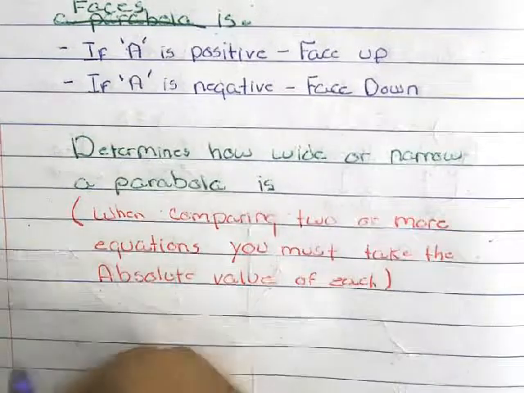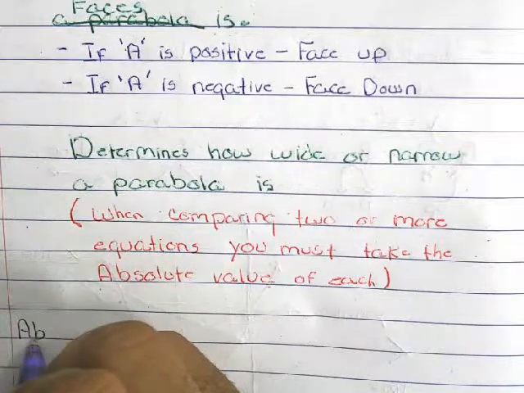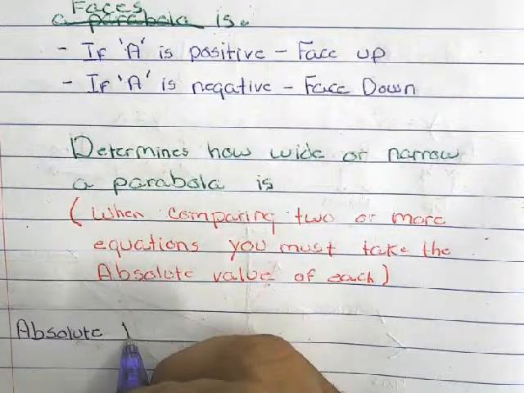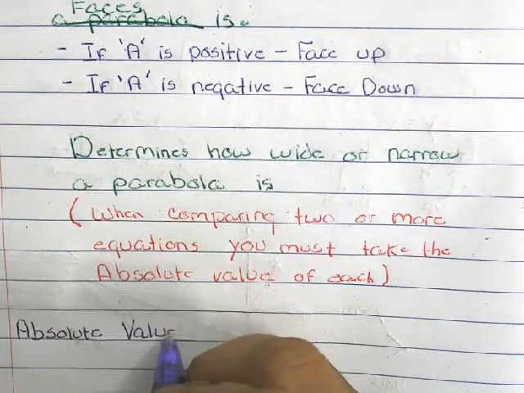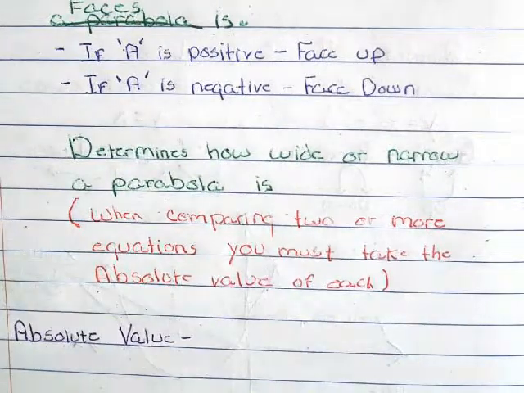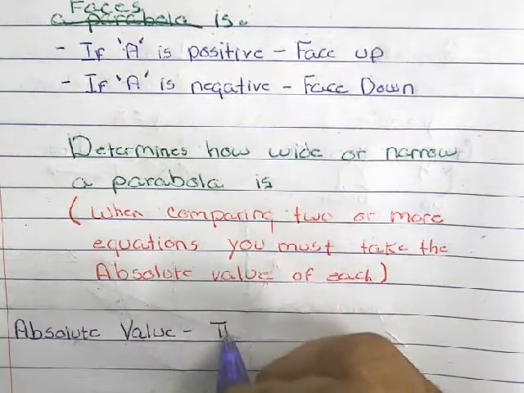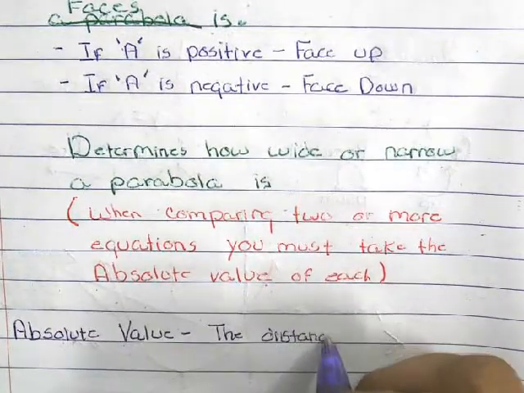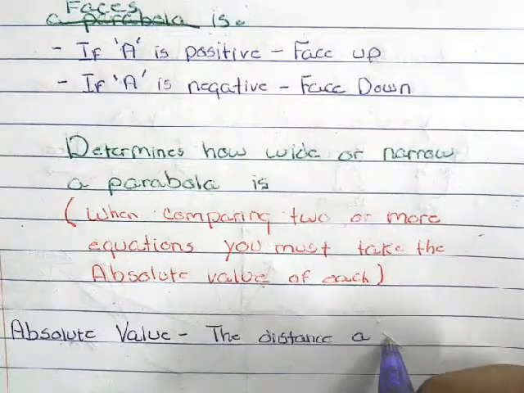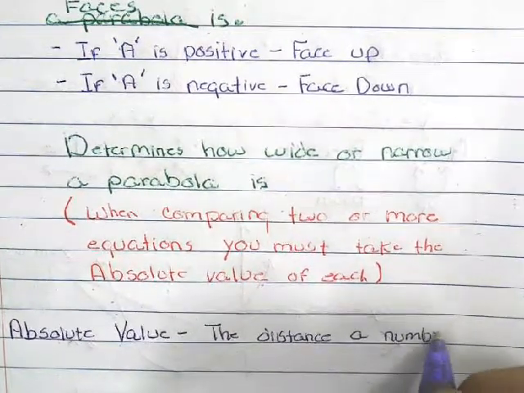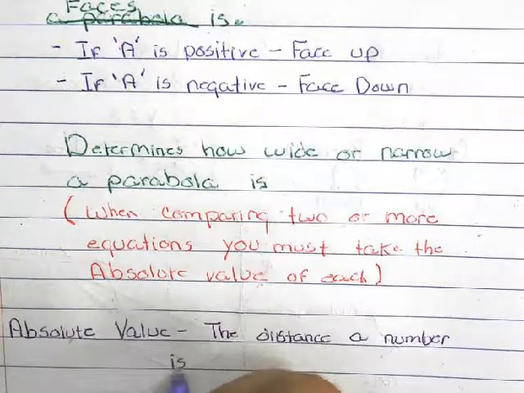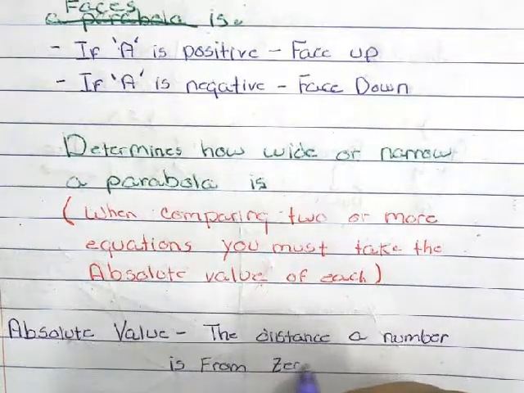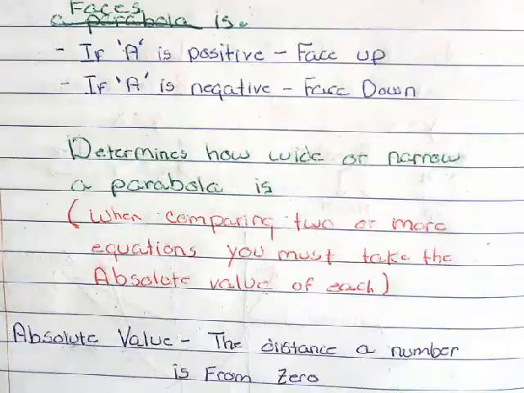Here's the definition of absolute value. The distance a number is from 0.